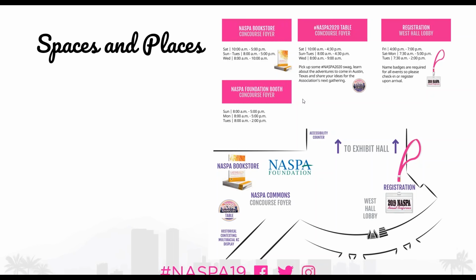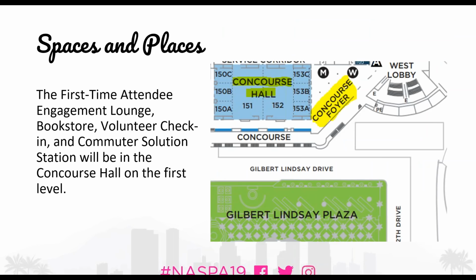The NASPA Foundation booth, and we'll talk about the foundation in just a little bit. It's not too early to think about Austin in 2020, so learning about that, as well as a couple other opportunities within that space. And again, for those of you that have questions, please feel free to continue to type them on the right side and we'll address them as we continue forth.